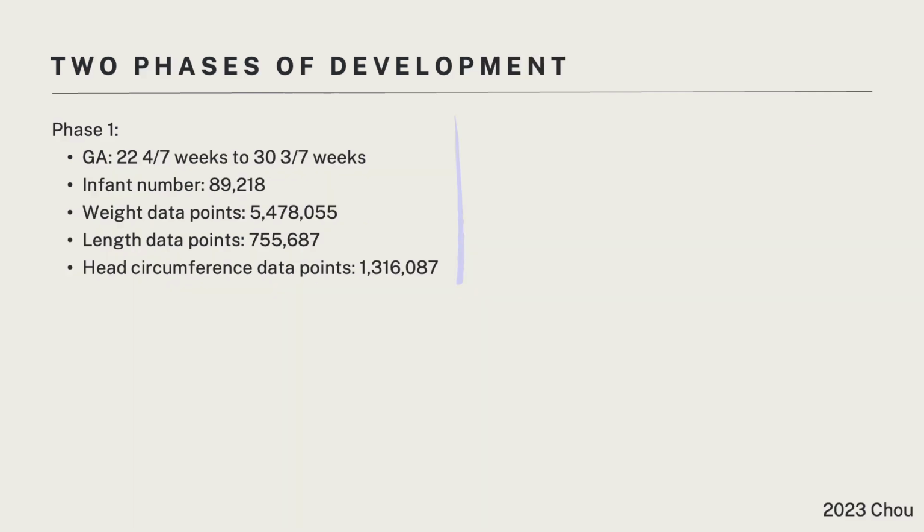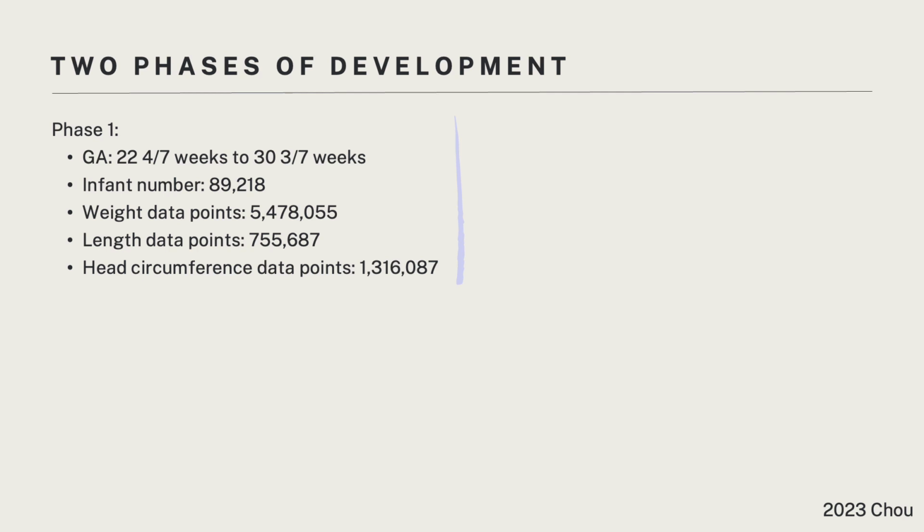In phase 1 development, we included infants born between 22 weeks 4 days and 30 weeks 3 days. We identified over 89,000 infants from the database, over 5.4 million weight data points, over 750,000 length data points, and over 1.3 million head circumference data points.